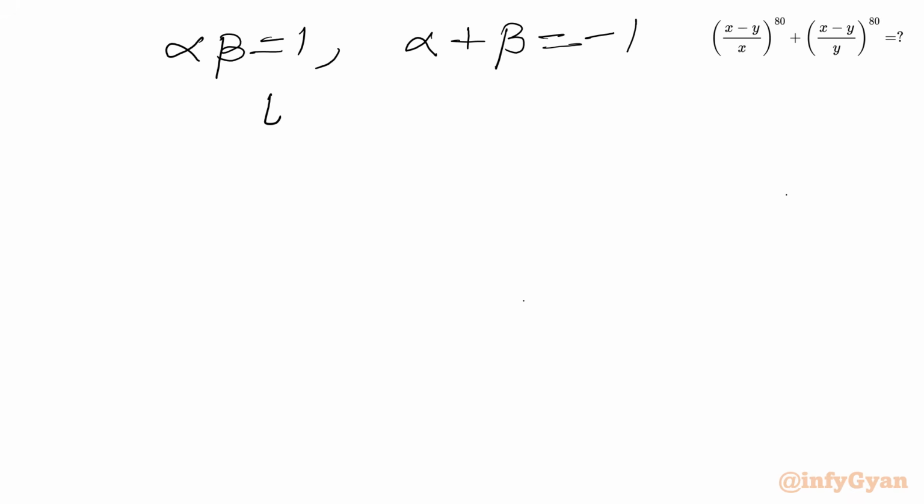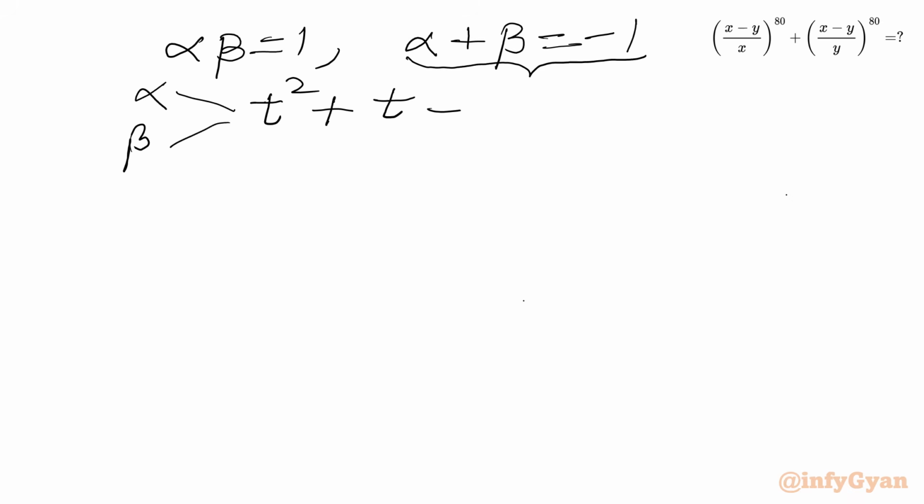Let me write the quadratic in t. Roots are alpha and beta. So t square minus the sum of roots, which is alpha plus beta, which is minus 1, so we will write plus t, plus the product of roots, which is 1. So we will write t square plus t plus 1 equal to 0.